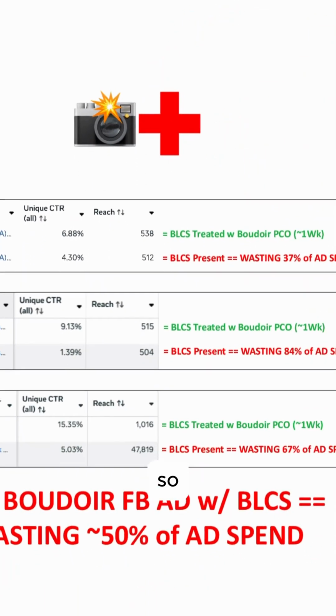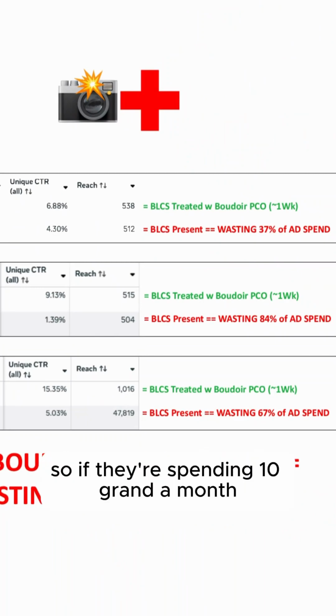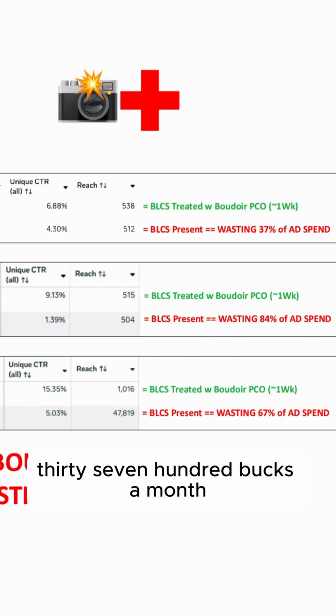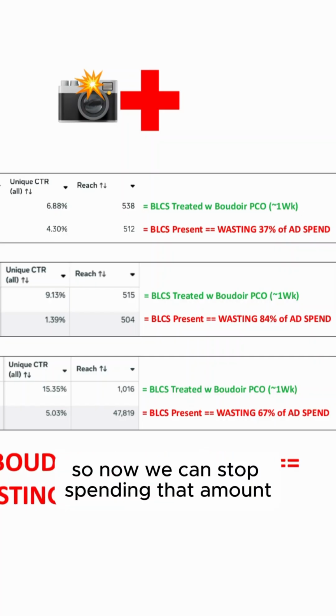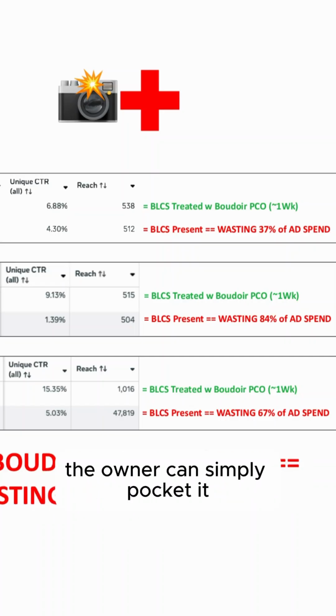So we found that the original was wasting 37% of ad spend. So if they're spending 10 grand a month, 3,700 bucks a month was being wasted. So now we can stop spending that amount, literally stop wasting that ad spend. And the owner can simply pocket it.